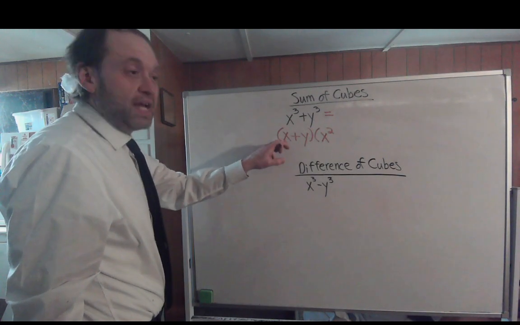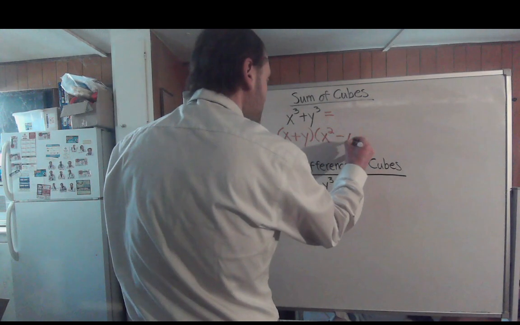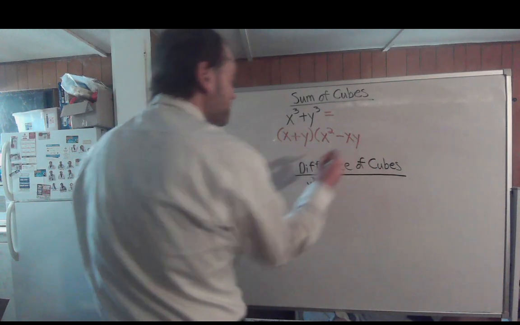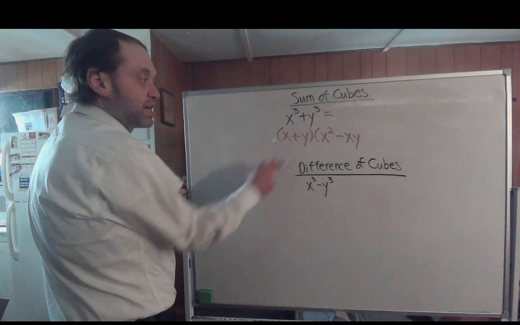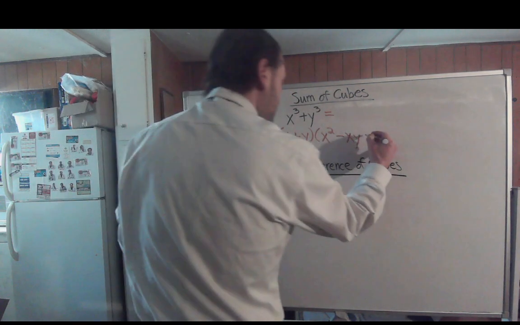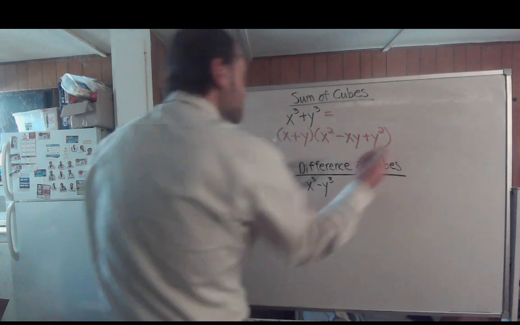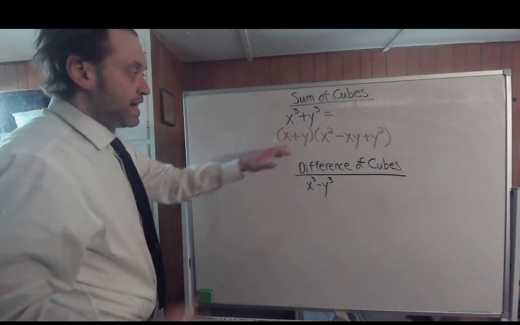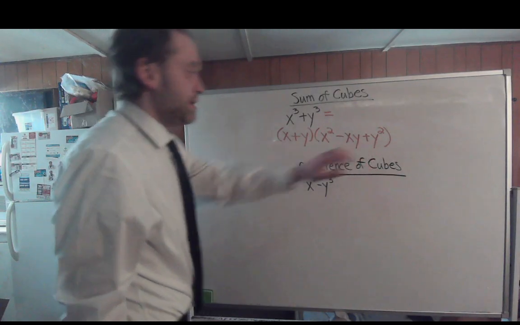So you'll take the negative of x multiplied by y, so that would give you x squared minus xy. And then you'll take that second term to the second power, so plus y to the second power, that'd be plus y squared. So to factor this, you would get x plus y times the quantity of x squared minus xy plus y squared.